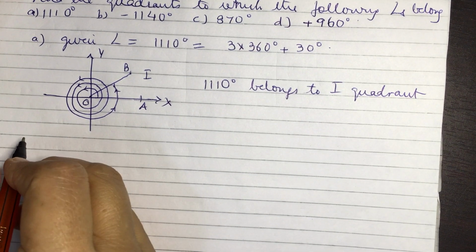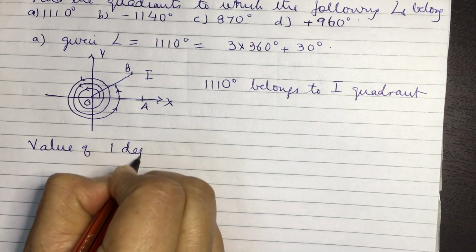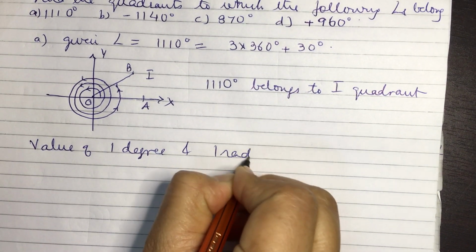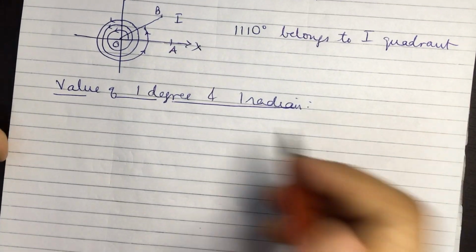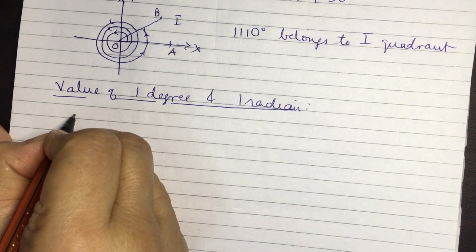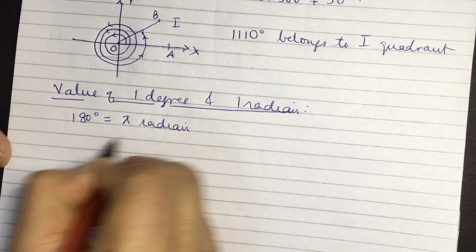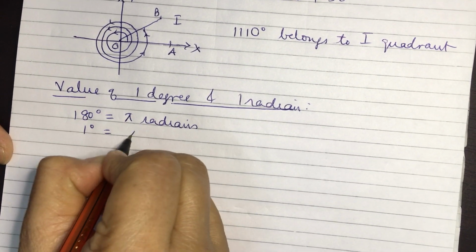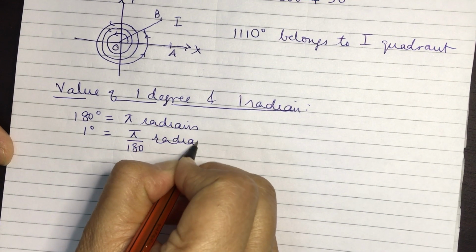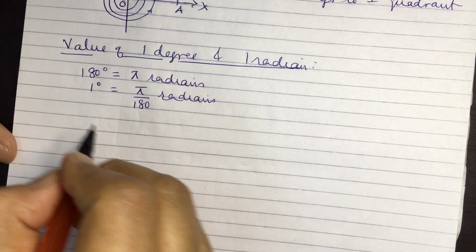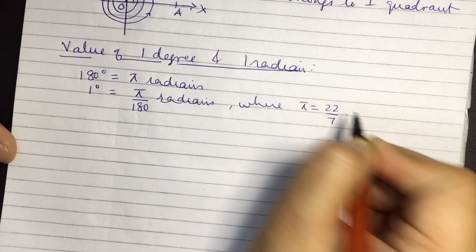Now let's take up the value of 1 degree and 1 radian. Now we know that 180 degrees equal to pi radians. So 1 degree will be equal to pi upon 180 radians, where pi equal to 22/7.